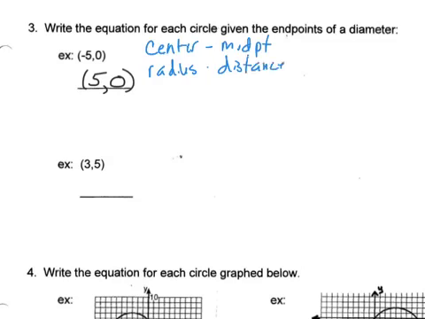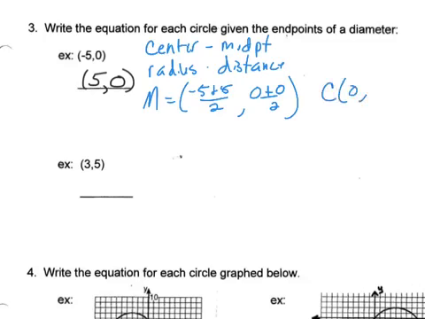The midpoint formula is going to be the sum, negative 5 plus 5 over 2, and in this case, it's going to be pretty easy. This circle has its center at the origin, so its center is at 0, 0. The radius would be the distance formula, from the midpoint, from the middle to one of these endpoints. So we'll just choose the second one.